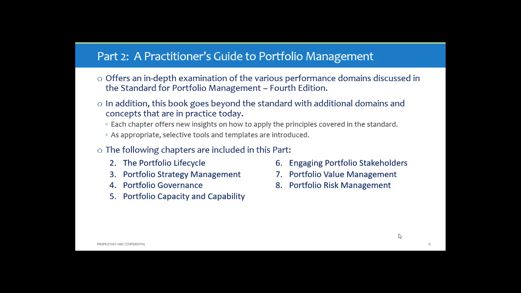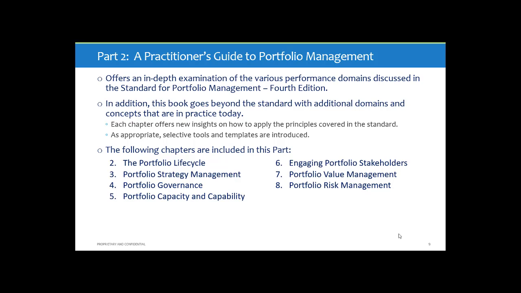The next part is now moving into the second part, a practitioner guide to portfolio management. This part offers an in-depth examination of the various performance domains discussed in the Standard for Portfolio Management, the fourth edition. In addition, this book goes beyond the standard with some additional domains and concepts that are in practice today.